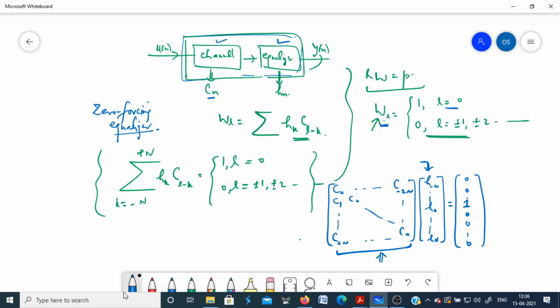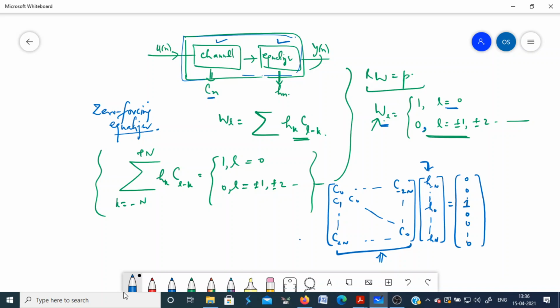It means the pulse that you receive at the receiver, at the time at which it was transmitted, has magnitude 1. For all other sampling intervals, it will be 0. So the contribution from the previous or adjacent pulses will be 0. This is the meaning of this.